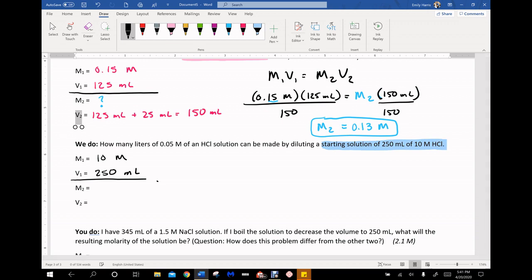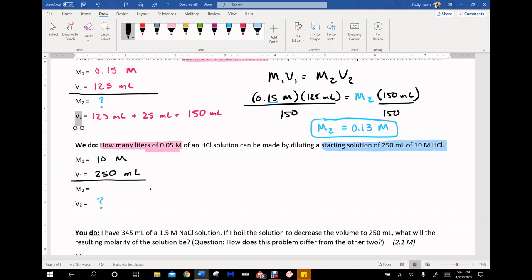Now, what they're asking us to find here is how many liters we can make when we dilute it. So we're going to be solving for the second volume. And the final molarity that they want us to achieve is 0.05 molar. And that's a lot more dilute than the starting 10 molar that we began with.